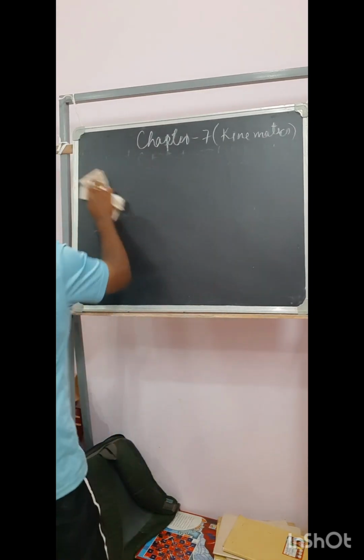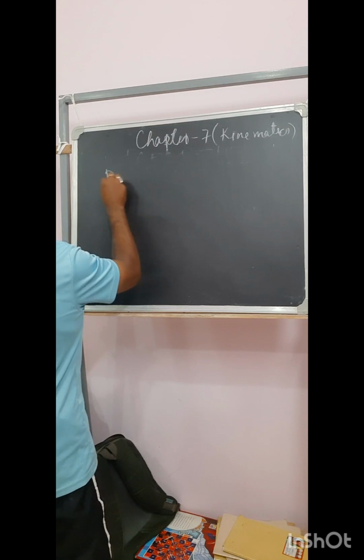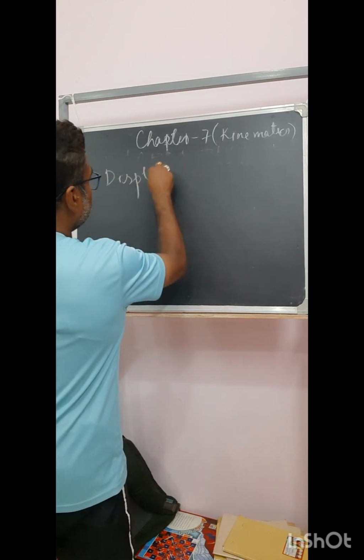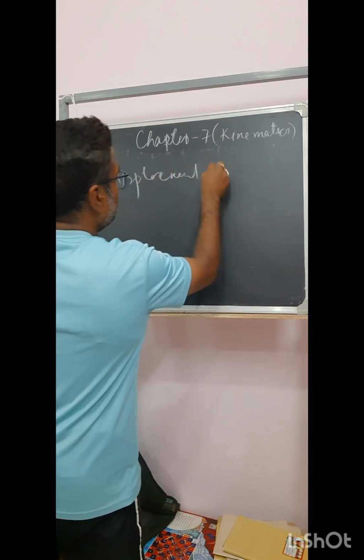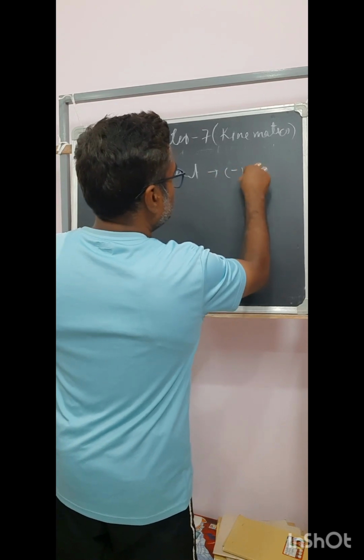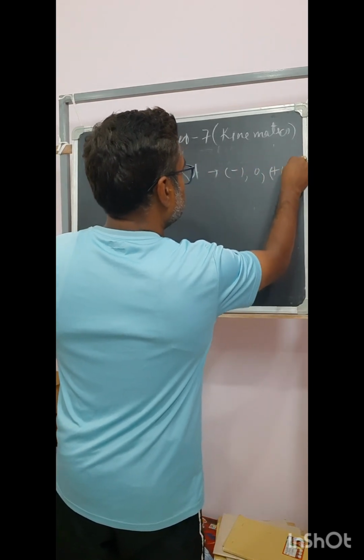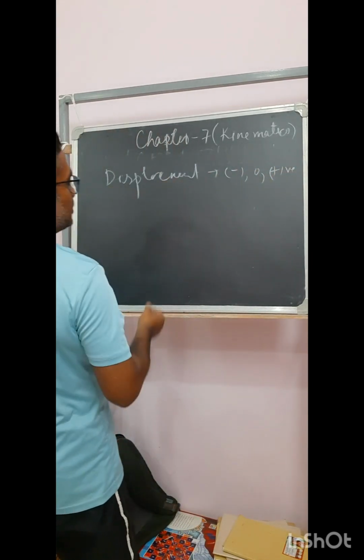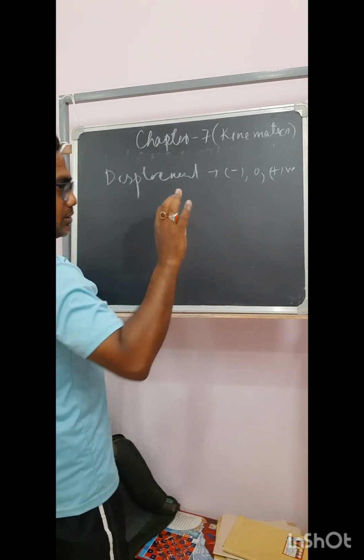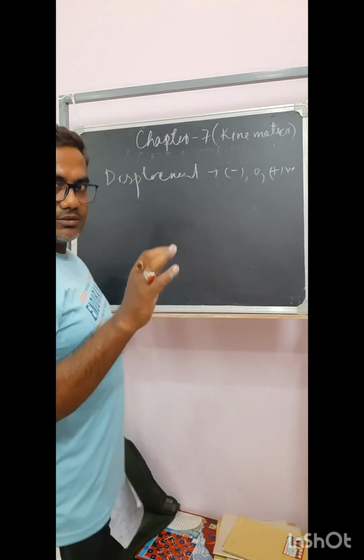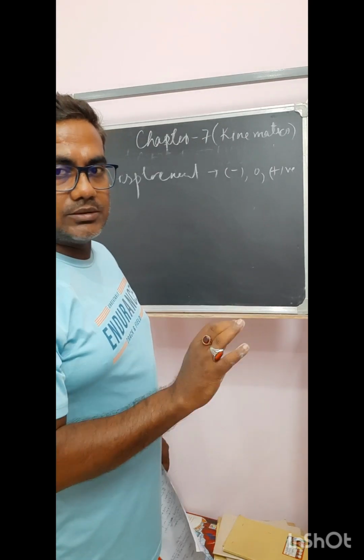Whereas if I take the displacement, it can be negative, zero or positive. All three are possible. How? Because the definition of displacement is the shortest distance traveled.